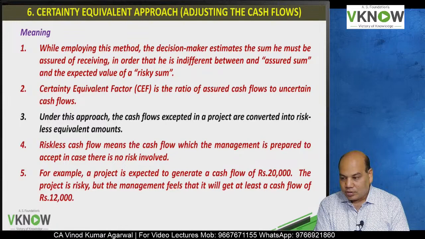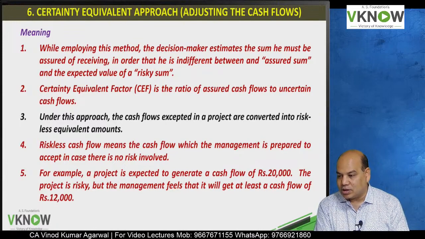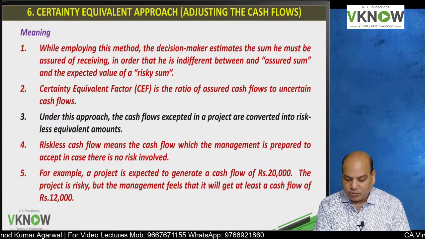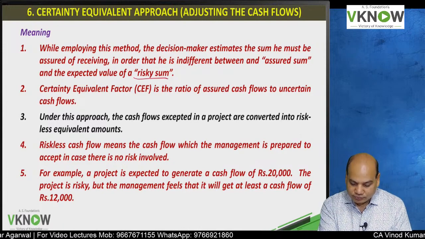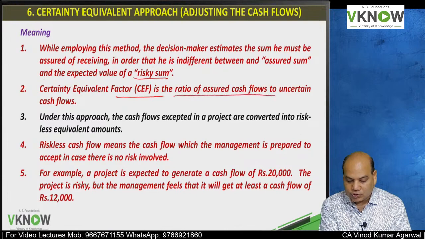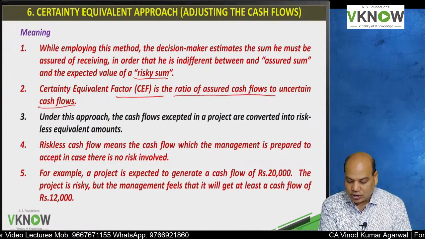While employing this method, the decision maker estimates the sum he must be assured of receiving in order that he is indifferent between the assured sum and the expected value of a risky sum. So what does CEC do? It is a ratio of assured cash flow to uncertain cash flow.